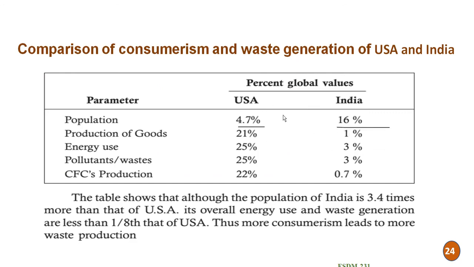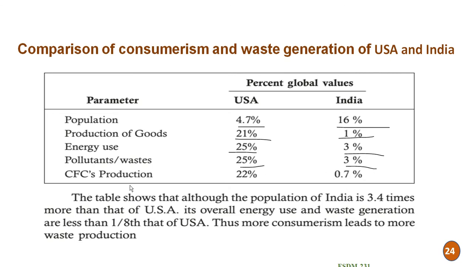Here is a comparison of percent global values of USA and India, in which for population India has 16% and USA has 4.7%, while the production of goods by USA is 21% and India is merely 1%. For energy use, the USA uses 25% on a global basis, while India uses 3%. The pollutant or waste produced by the USA is 25% and India is 3%.